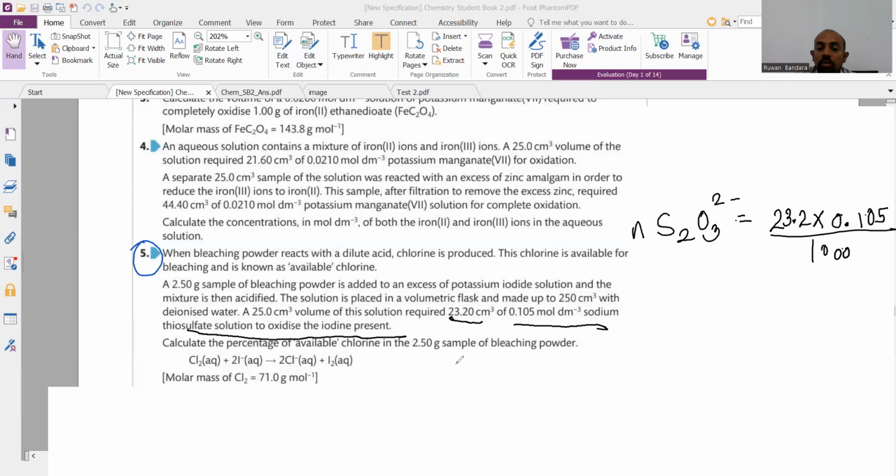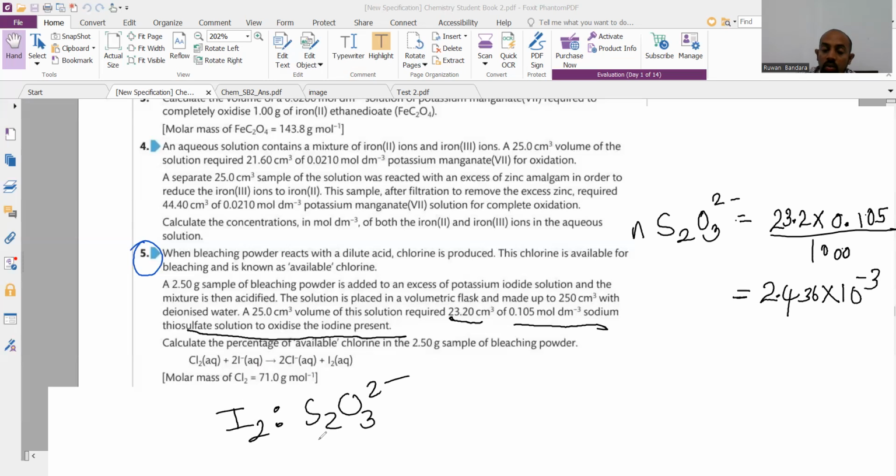And 2.436 into 10 to the power of minus 3. And iodine to thiosulphate, 1 to 2.